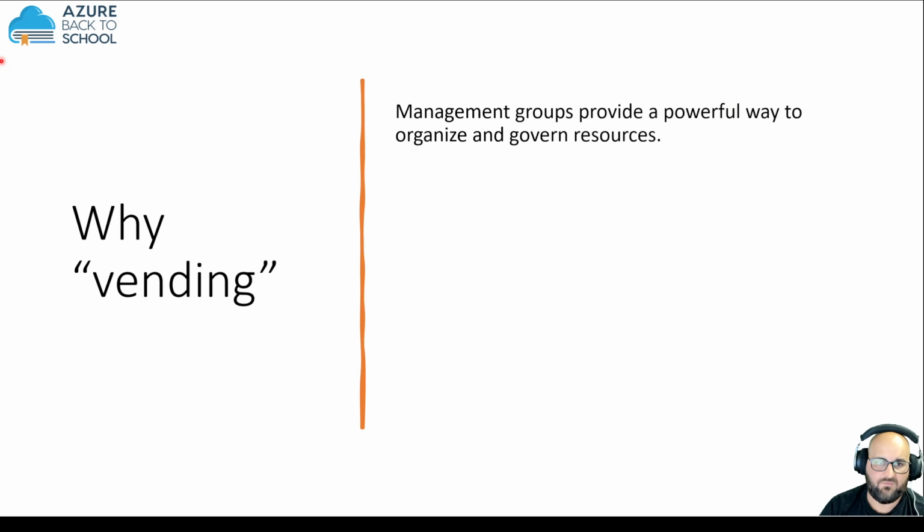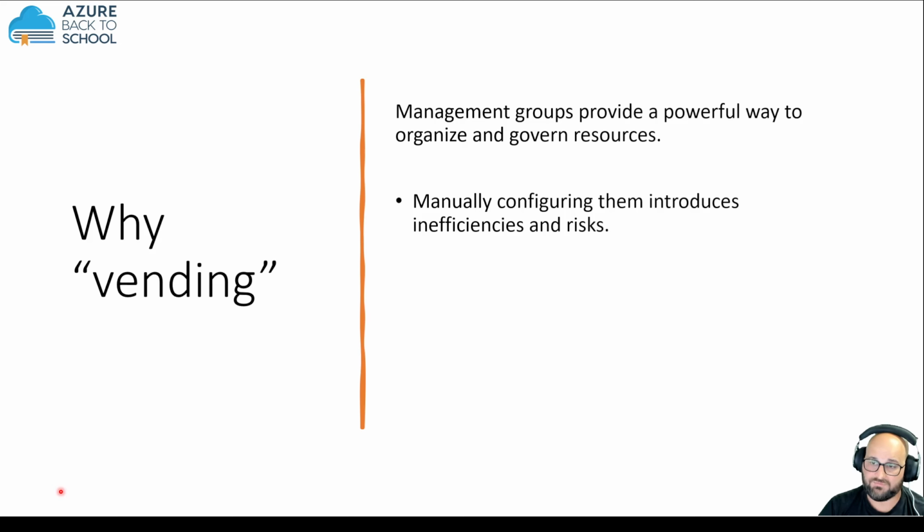All right, so why do we want to vend? Management groups provide a powerful way to organize and govern resources, especially as the number of subscriptions grows. It becomes a critical structure. And because it becomes a critical structure, manually configuring management groups starts to introduce inefficiencies, mistakes and risks at a certain point, because the impact will be higher the more subscriptions you have under a certain structure.